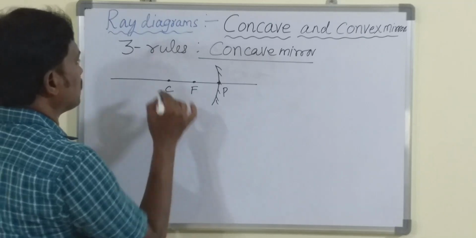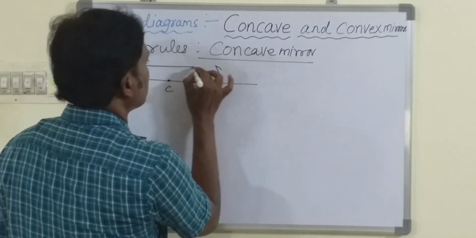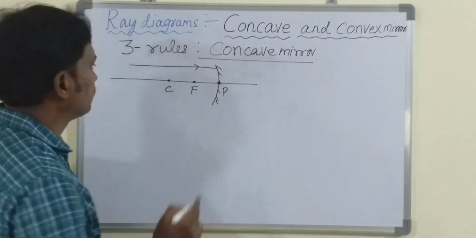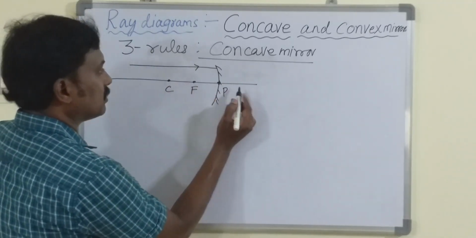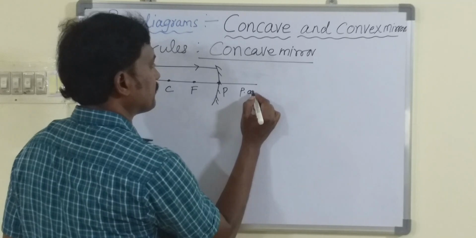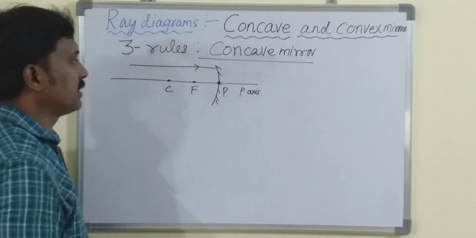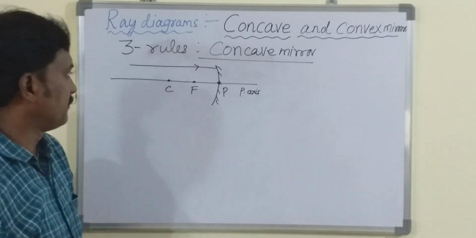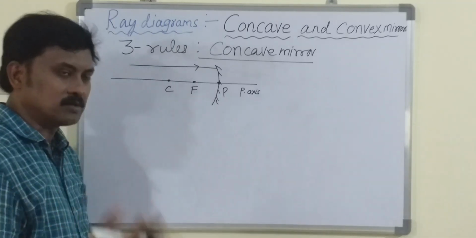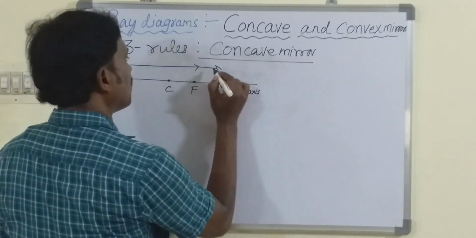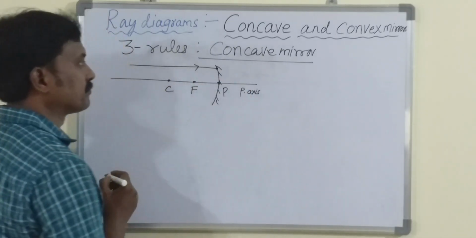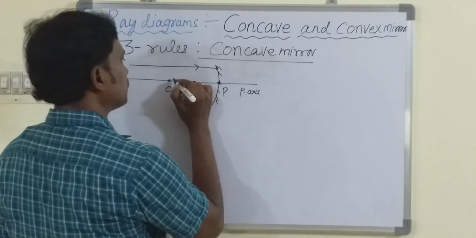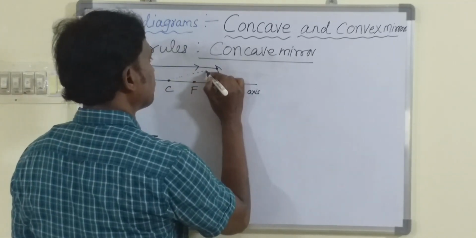Now when a parallel beam of light rays is incident on a concave mirror, this light ray is parallel to the principal axis. So how does it reflect? As per the laws of reflection, you have to draw a normal at this particular point. That normal will pass through the center of curvature, so it may be like this. This is the normal.